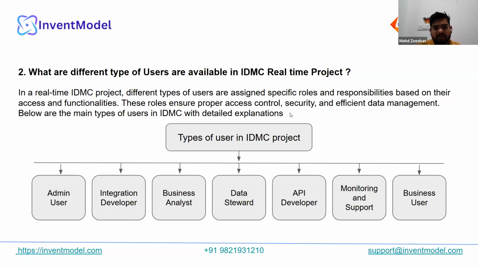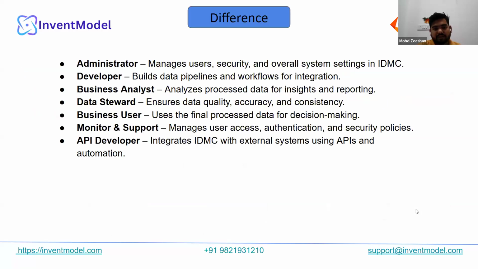You can assume it like that. These roles ensure proper access, control, security and efficient data management. Below are the main types of users in IDMC, which we will discuss in detail in the next slide. So here we have different types of users: administrator, developer, business analyst, data steward, business user, and monitoring support. These are the users in an IDMC project.